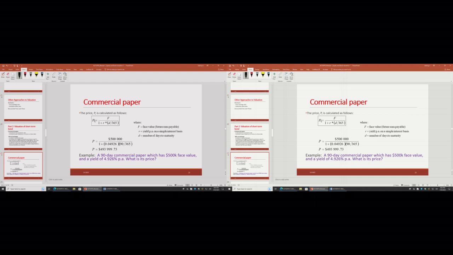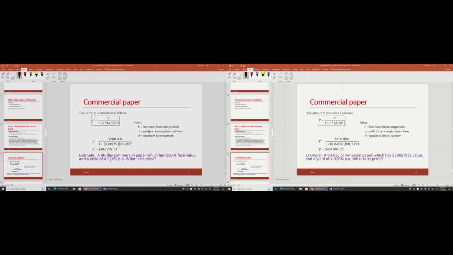Look at this example: a 90-day commercial paper which has $500,000 face value and a yield of 4.926%. What is its price? All the numbers: 90 days is the value for D, face value is 500K, and yield is 4.926%. How do we interpret this one?